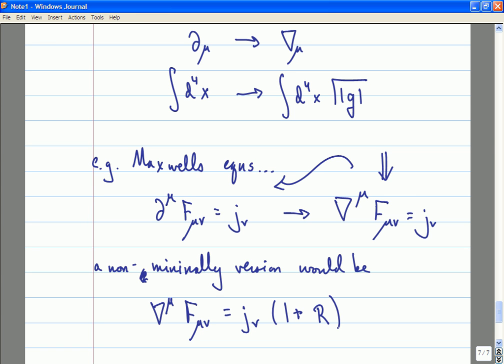Okay? The Ricci scalar times j^ν is still a vector. It's a scalar times a vector. It's still a 1-form. Scalar times a 1-form.